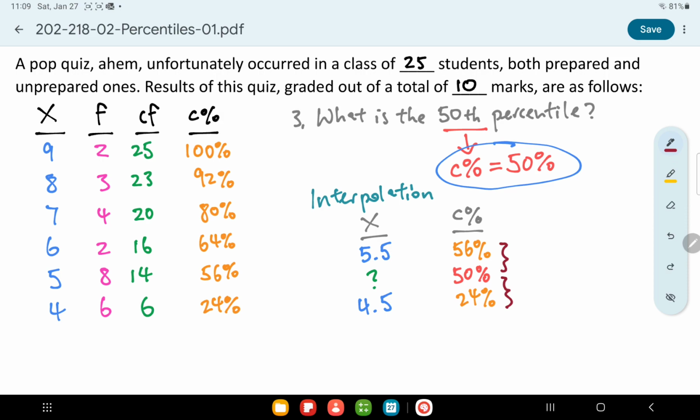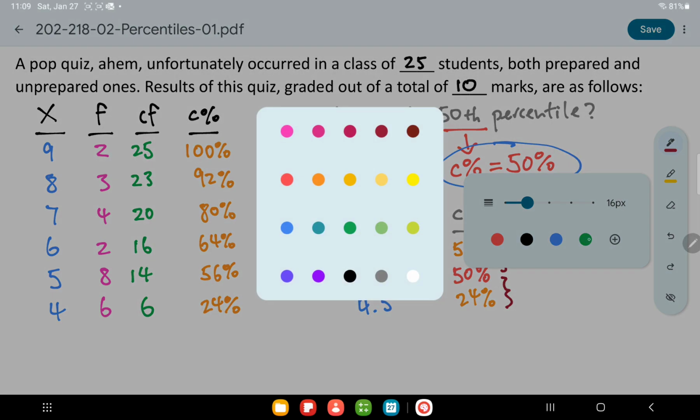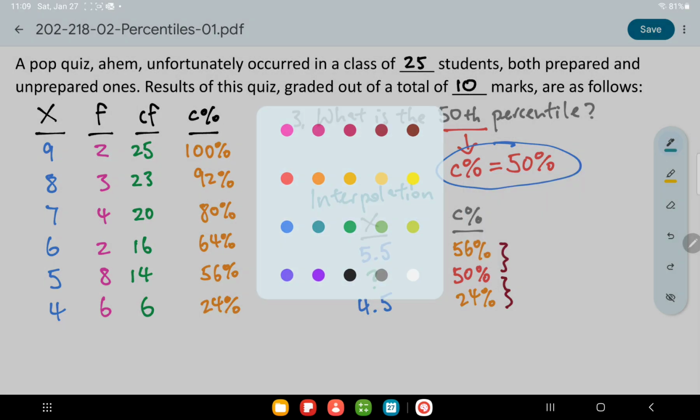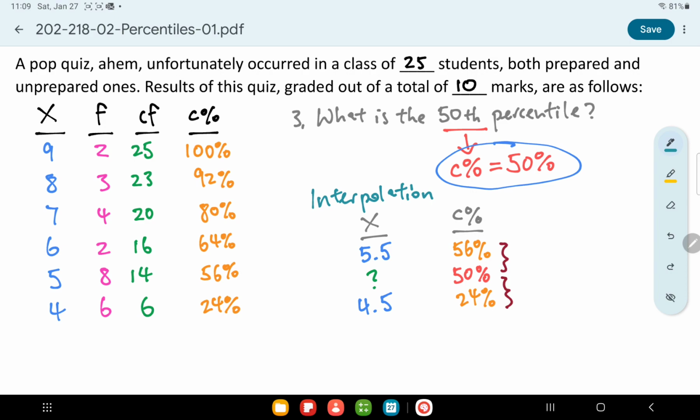Let's just say that we use the letter A to represent the distance and the letter B to represent the other distance. A indicating the relative space, how far apart, how many units are between 56% and 50%. We represent such with A, and in this situation we can say A equals 6 units.